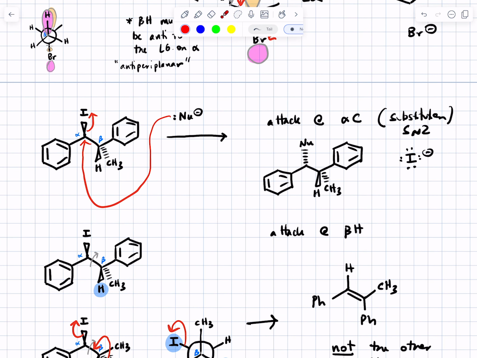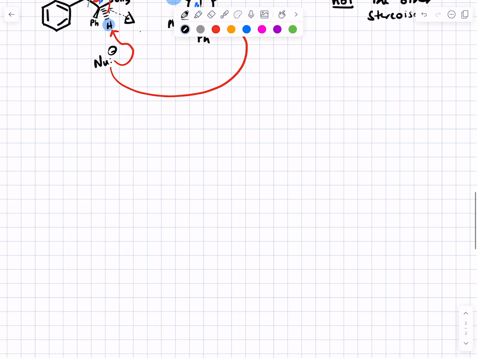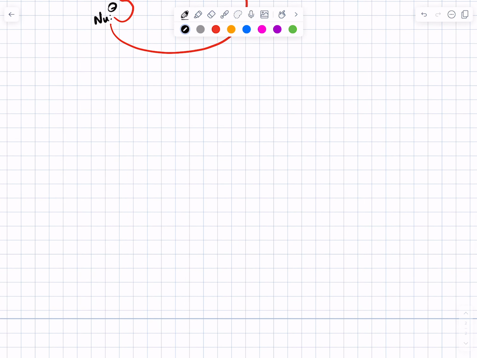No? Okay. All right. So now let's talk about what helps. Let's talk about the features that promote substitution or elimination relative to each other. Okay? So to do this, we need to talk about the different kinds of alkyl halides, or different kinds of situations where you have a leaving group.